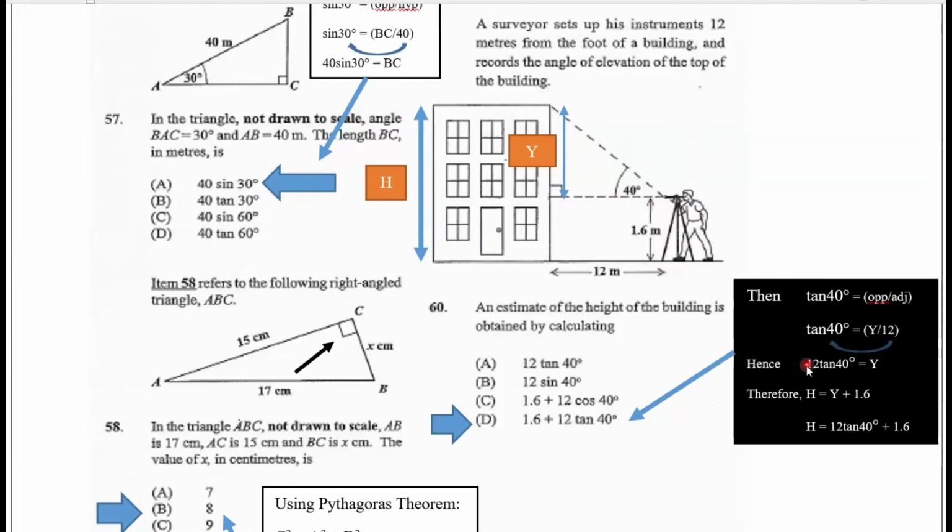Y will be 12 by tan 40 degrees. Now the height of the building is Y added on to 1.6. So H is Y plus 1.6. And what is Y? 12 tan 40 degrees. So it'll be 12 tan 40 plus 1.6. And that is D as in dog.